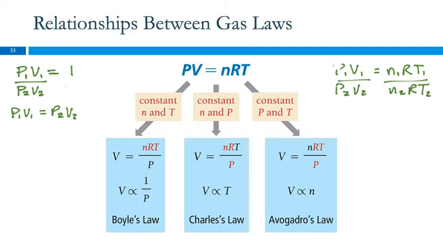So the pressures go away and the temperatures go away. And of course R doesn't change, so R goes away. Those cancel out. Now this looks a little bit like what we learned as Avogadro's law. What we looked at was a rearrangement: V1 over N1 equals V2 over N2. Avogadro's law.